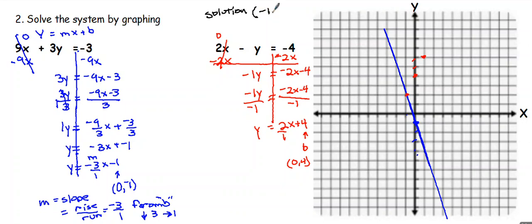As a matter of fact, our answer to this is going to be -1, 2. So I'm just going to write that over here so I have it. -1, 2. I'm going to write that in black. So my solution is -1, 2. But let's go ahead and draw the line. So I got my point here. And I got my point there. There's my line right there. And that's what it should look like.